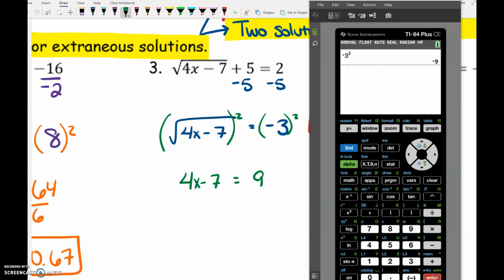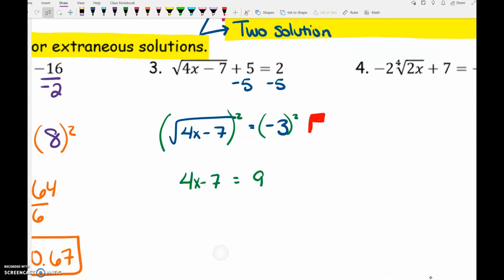Squaring something means multiplying it times itself. -3 times -3 is +9. Anytime you are raising a negative number to an exponent, put that negative number in parentheses. -3 in parentheses squared is +9. We then finish solving. x equals 4.